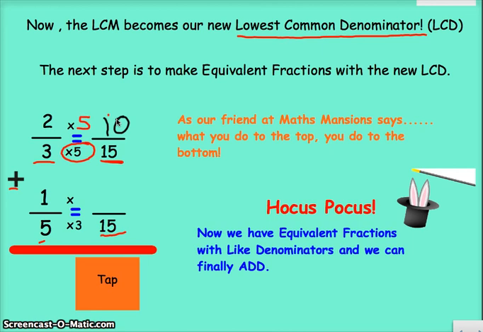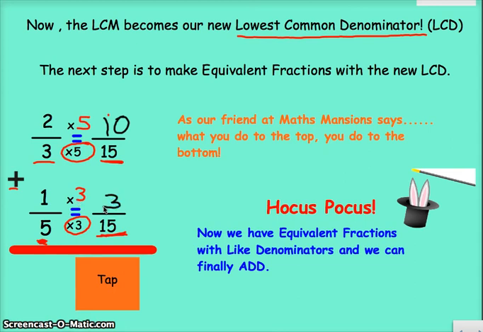Now if I do the same for 1/5, I look at the bottom, I'm looking for an equivalent fraction that has a denominator of 15. What do I do to 5 to get 15? I multiply it by 3. 5 times 3 is 15. What I do to the bottom, I need to do to the top. 1 times 3 is, in fact, 3.